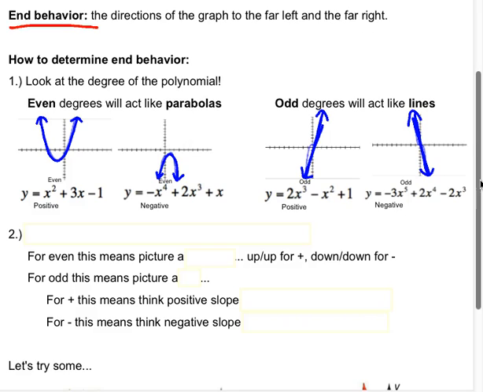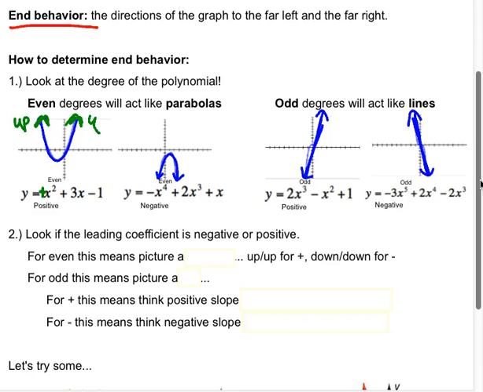There's still another piece that we need to know, and that piece is looking at the leading coefficient, if it is positive or negative. So what I mean by that is look at this. This is a positive 1, and remember, positive means the parabola opens upward. So that's why this we would call an up, up.